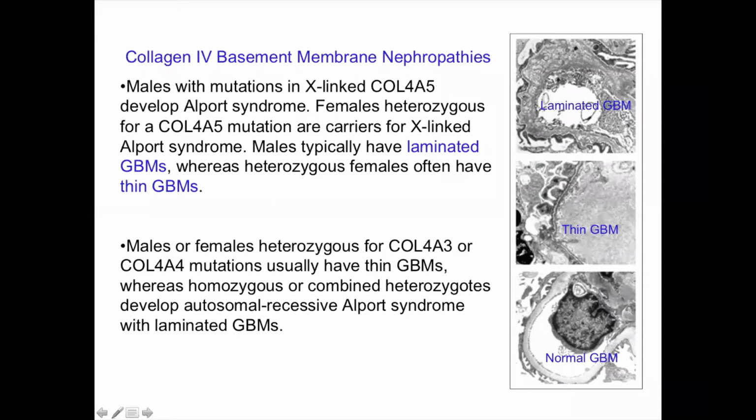What we do إن إحنا نسوي الستينينج على الاميونوفلوريسنس حق الالفا 5 chain of collagen 4. هذا جاهز just like a stain immunofluorescence. إنزين and we see المفروض إن إحنا يكون عندنا continuous staining within the glomeruli for الالفا 5.